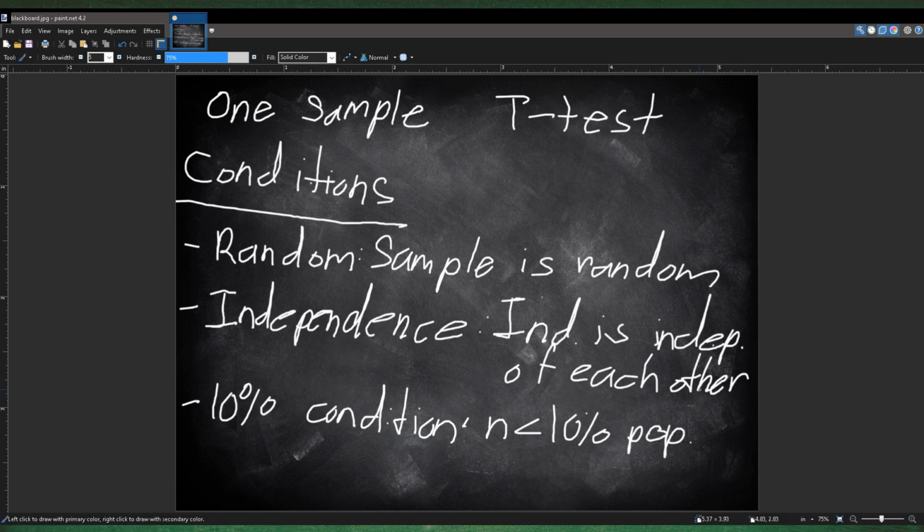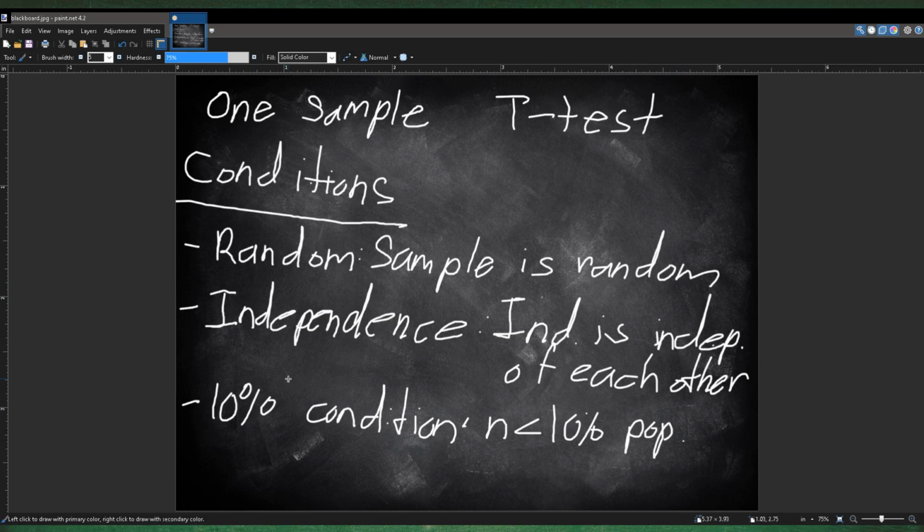So if you're studying high school students, the n of your sample size has to be less than 10% of the high school students that you're observing. If you take 10 students from your high school, there must be more than 100 students in your high school as your population.